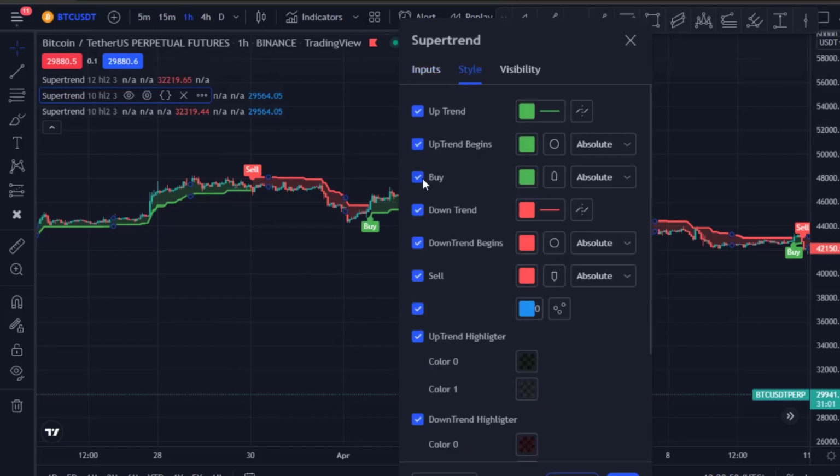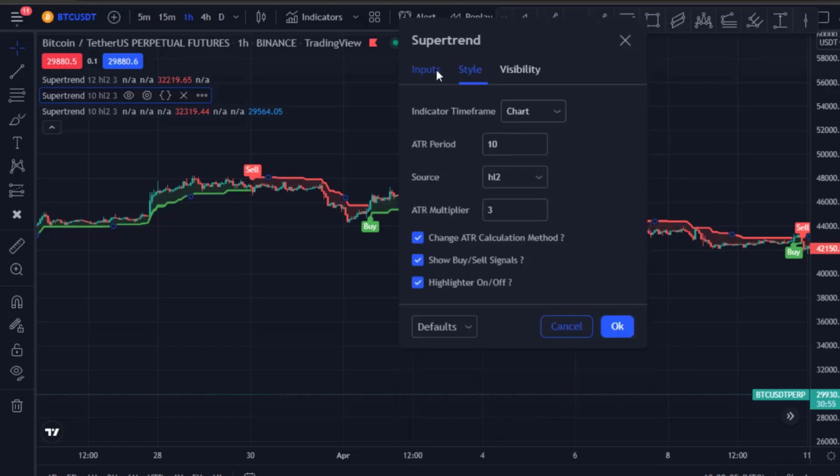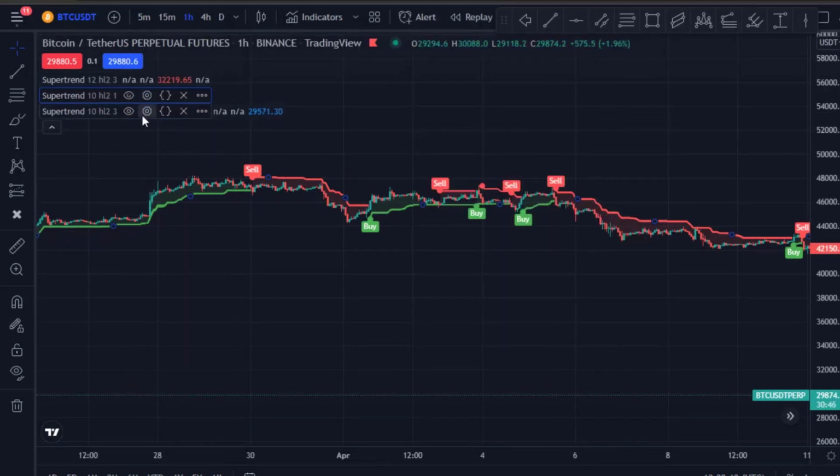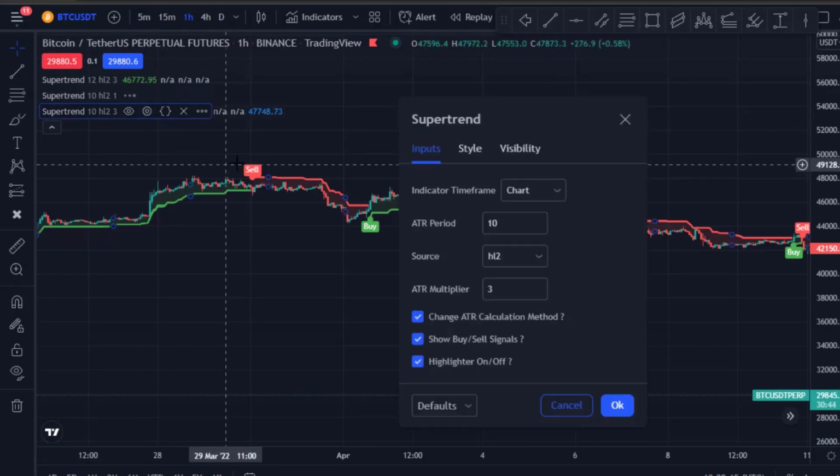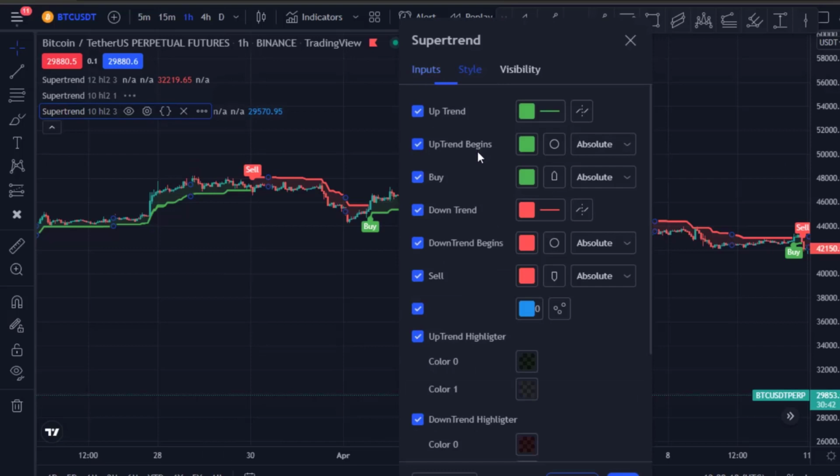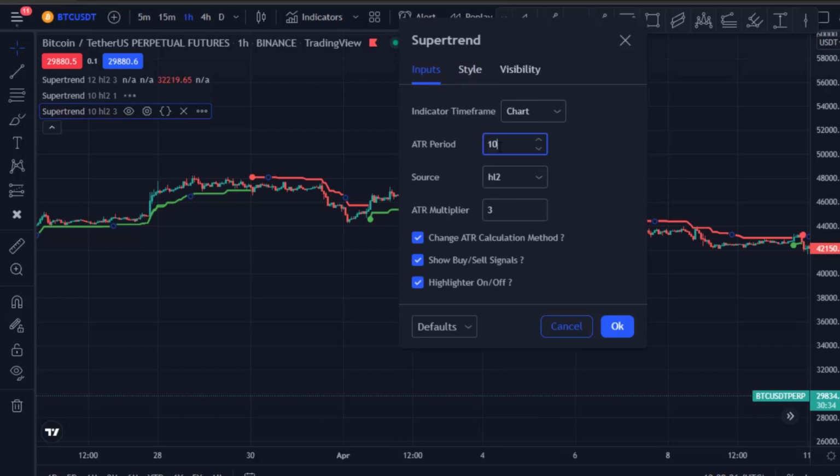In the next one, again disable these options, and set it as 1 and 10. And in the third one, again disable these options, and set it at 2 and 11.